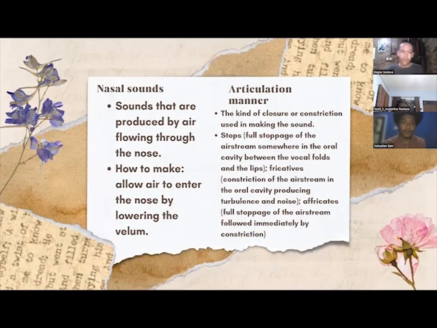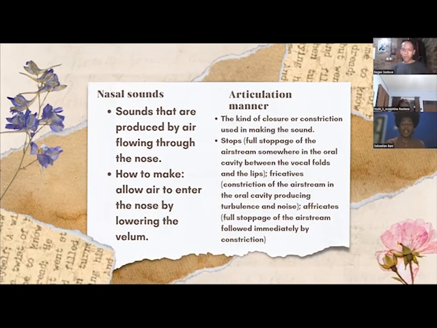So nasal sounds are sounds that are produced by air flowing through the nose. How to make nasal sounds? You just need to allow air to enter the nose by lowering the velum. And then manner of articulation: the kind of closure or constriction used to make the sound.